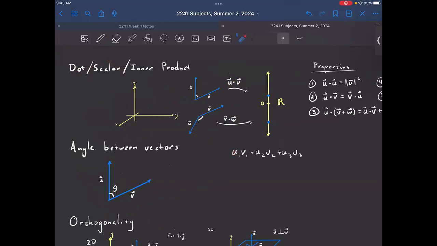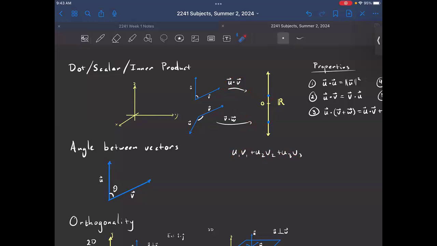And all of these things are just real numbers. They're the components of the vector along the x, y, and z axes. And we multiply real numbers and add them all together, and that gives us back a real number. So what comes out of the dot product is not another vector, but a real number.